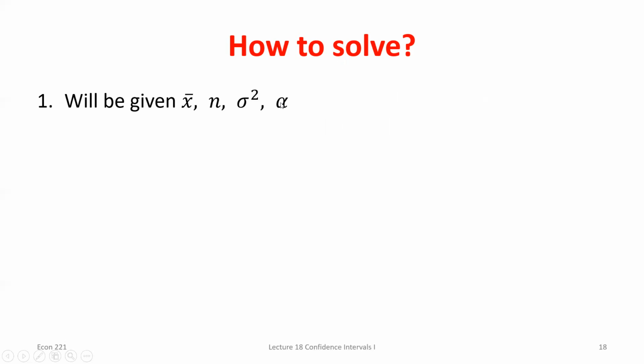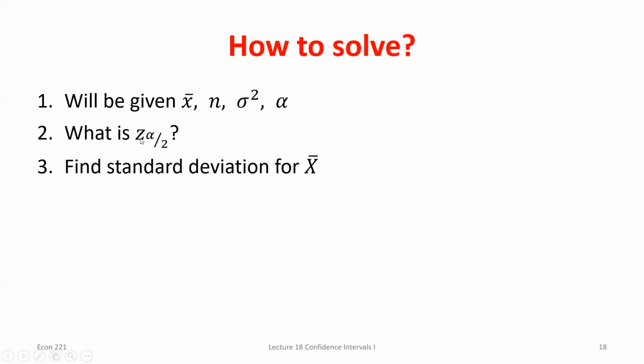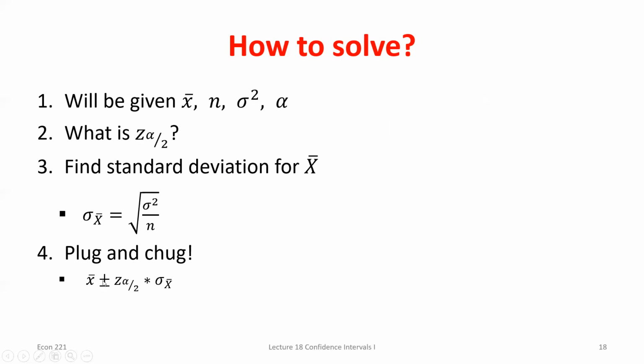We already talked about what alpha is. Divide alpha by 2 and find the z-score that would give you alpha over 2 in the lower left tail. We could do the intermediate step, which is calculate your standard deviation, right? So that was just this formula. And then from there, just plug everything in that you have into this confidence interval equation.